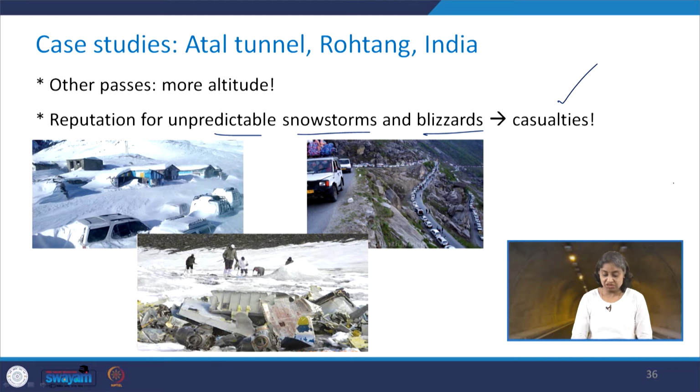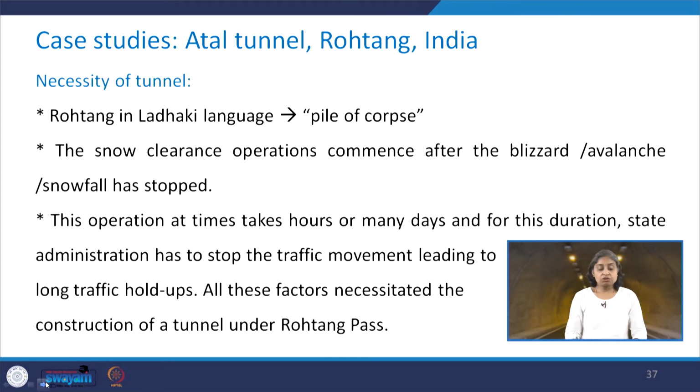Some of the pictures where you can see it's snow covered, and then you see the queue of the vehicles, it's so long, and here some calamity happened, and then you see what exactly is the situation. The term Rohtang in Ladakhi language has a meaning of pile of corpses. So you can imagine how notorious this pass is.